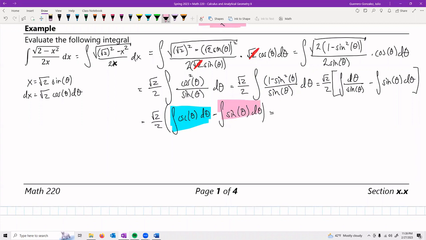The integral of cosecant, with the root 2 over 2 up front, is the ln of cosecant of theta minus cotangent of theta, plus cosine of theta, plus C.